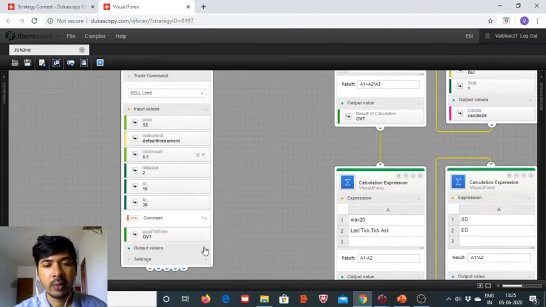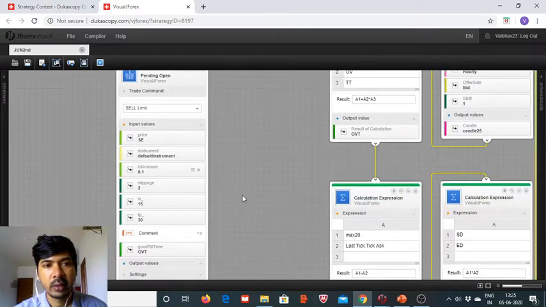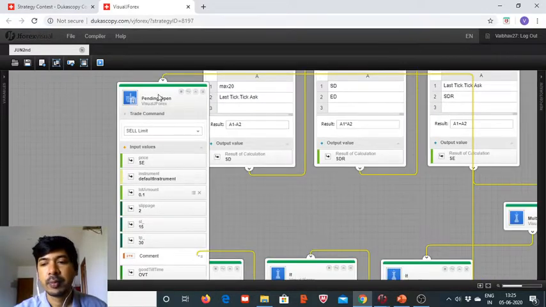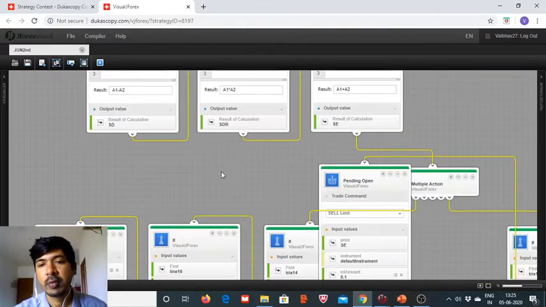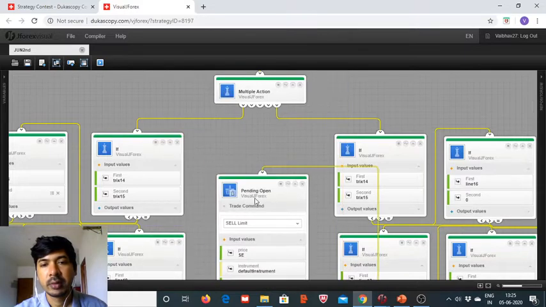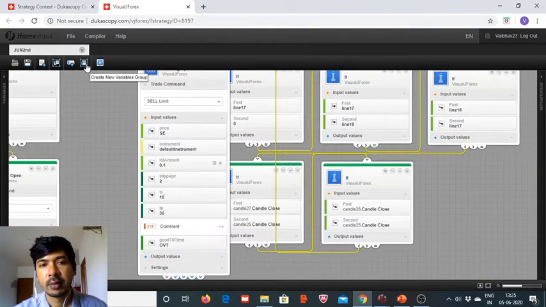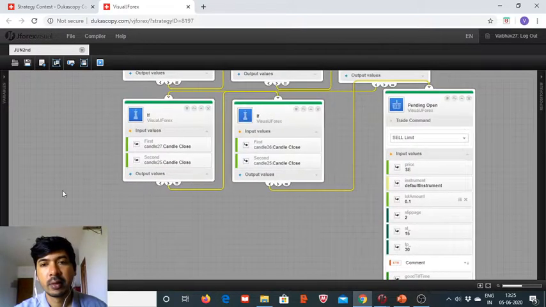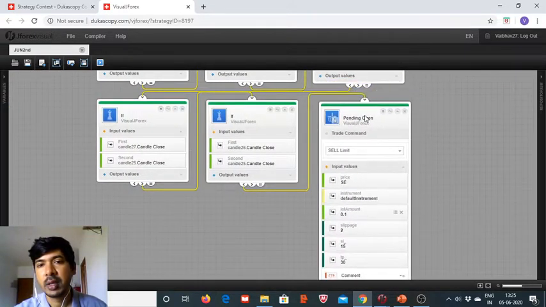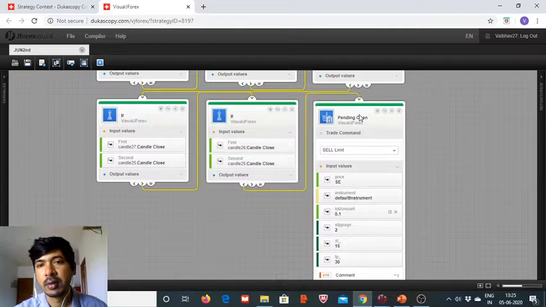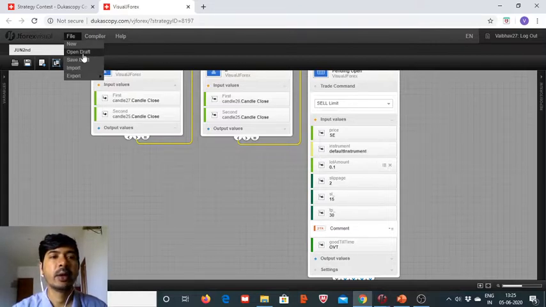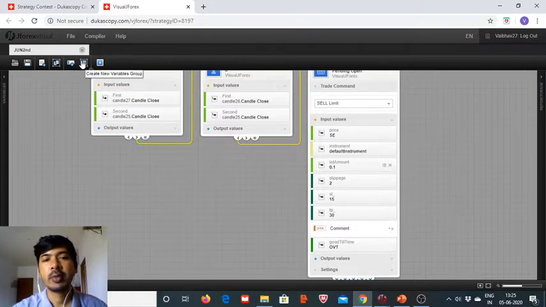So here we are all set to now test the setup to see what kind of results we are able to generate. So here we go. Let us save the file and then we will export it.